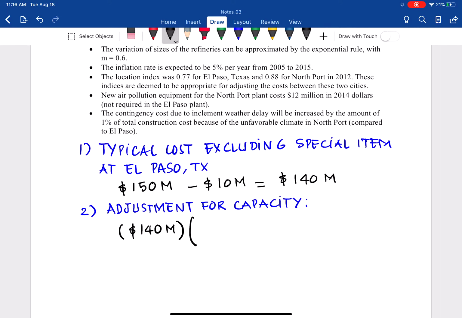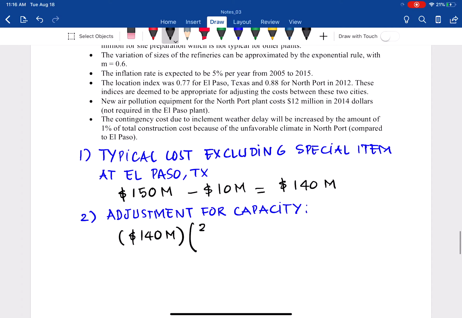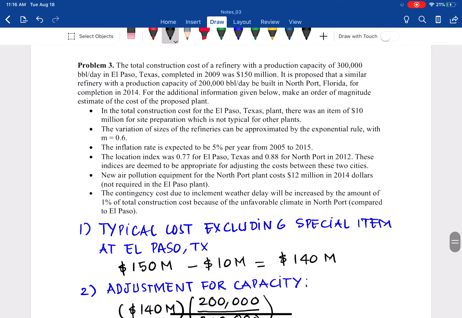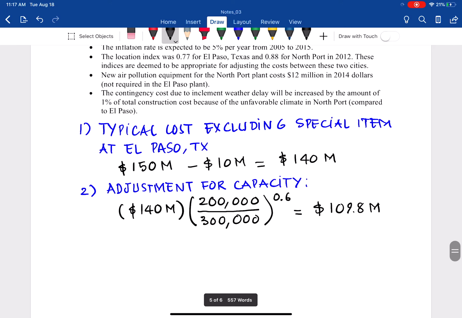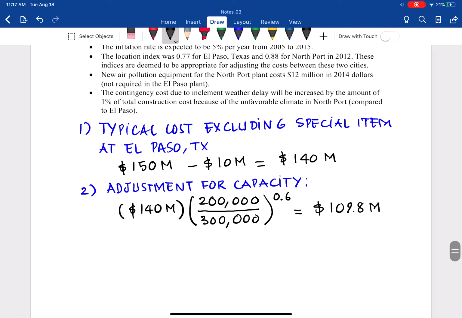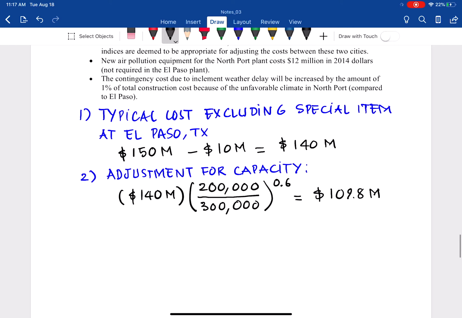Adjust for the capacity in Northport, the new facility, 200,000 barrels per day, versus El Paso, Texas, 300,000. And the cost exponent in this case, m, equals 0.6. So from that we have $109.8 million. What does that mean? The project, still located in El Paso, Texas, with capacity 200,000 barrels per day, costs about 109.8 million.